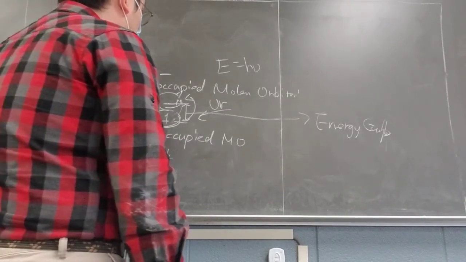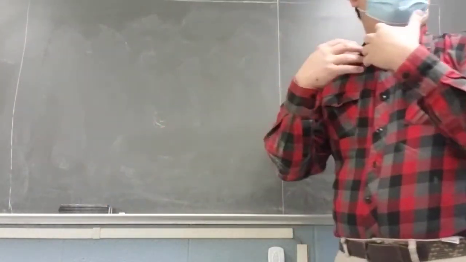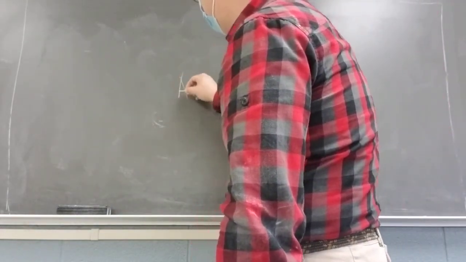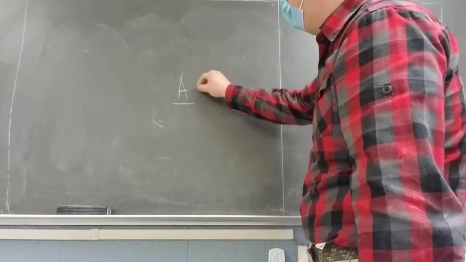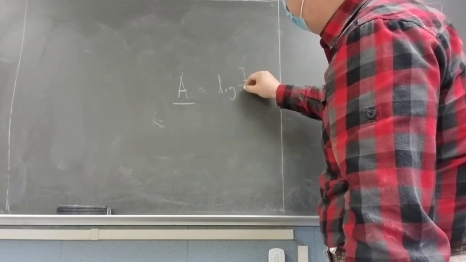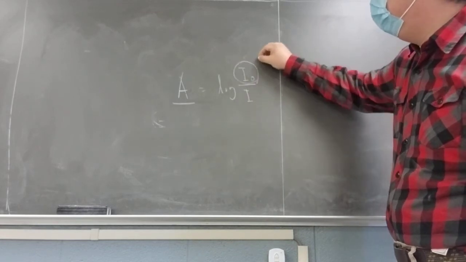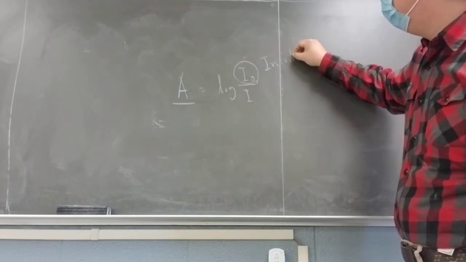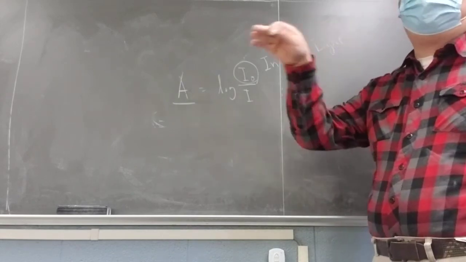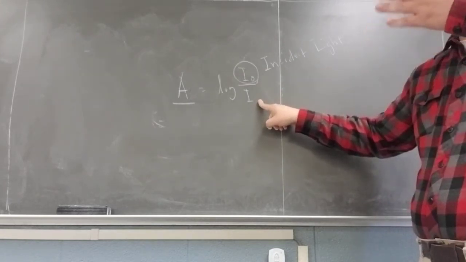So when it does that, we try to measure the absorption of the UV light using the absorbance value, which is A, and the log, and we put the I naught over I here. Okay. So this is the incident light, meaning the initial light before it went through the sample, and this is the light after transmitting through the sample.